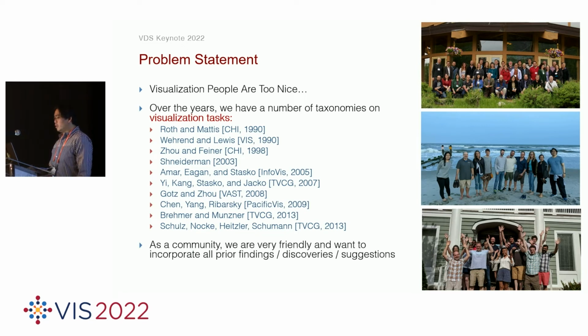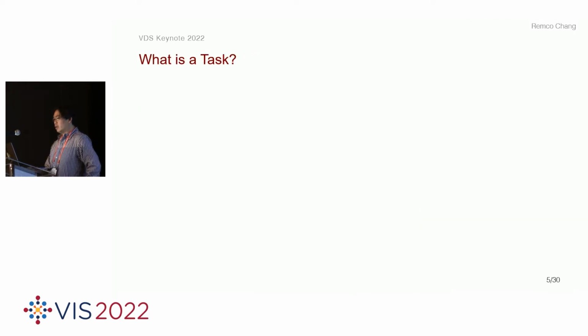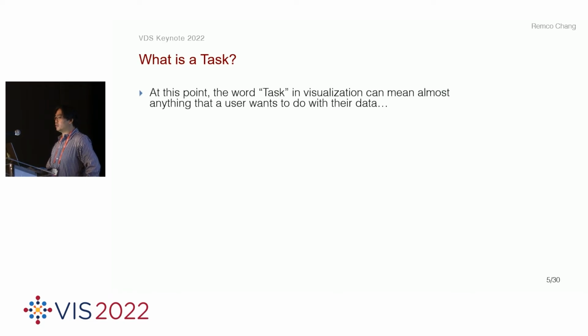As a community, we're very friendly. We want to incorporate all the prior works of people that came before us. But as a result of this, our taxonomies keep growing and they rarely shrink. Right? So at this point, our definition of what is a task is getting to be a little complicated.